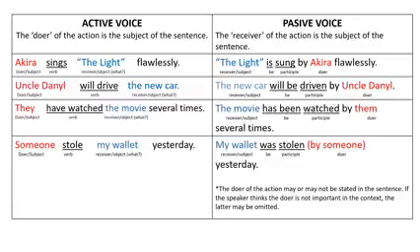Okay, so for the second sentence, Uncle Daniel will drive the new car. Uncle Daniel is the subject and the doer of the action. What is our verb? Will drive. Will drive what? The new car. So the new car is the receiver or the object of the sentence. So for the passive voice, it will become the subject.